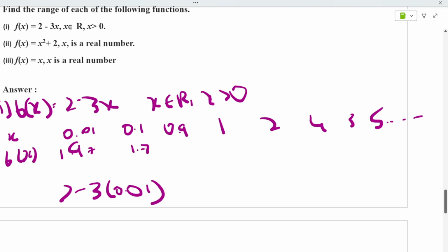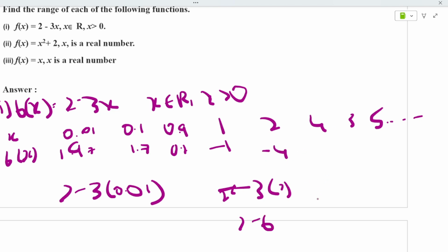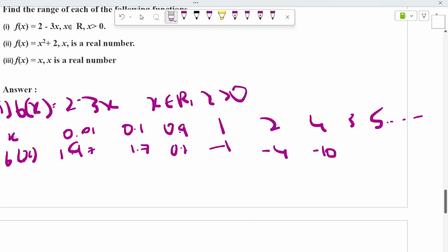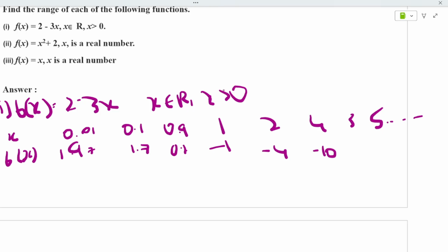Here 0.1 will give you 1.7, 0.9 will give you minus 0.7, 1 will give you minus 1, 2 will give you 2 minus 3 into 2, which is 2 minus 6, so minus 4, and 4 will give you, substituting 4, 2 minus 12, it will give you minus 10. This is how you solve. You can substitute the values except the condition they have given. You can take all the positive values, even decimal fractions, everything except less than 0. All should be greater than 0.